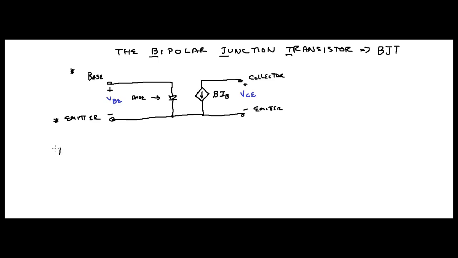Basically, your base current times beta is going to equal your collector current, right? So what you have right here is that basic equation, that is your collector current. So this is a current source, if you're not aware of that.